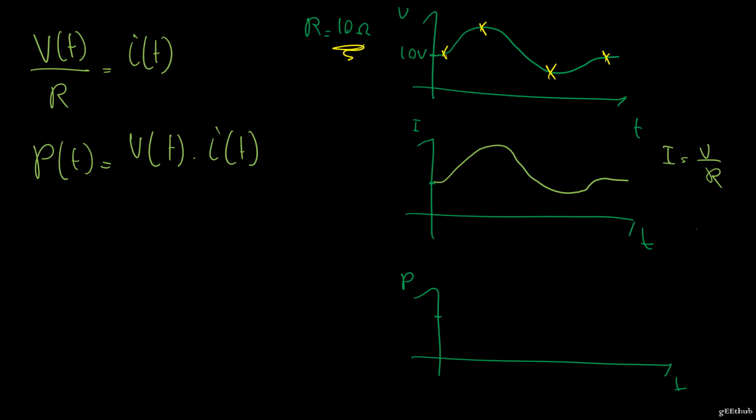My current looks exactly the same as my voltage, except that it starts at 1 amp now. All these points, I just divided by 10, starting from 10 volts, and they resulted in a similar looking graph, except with different values now.